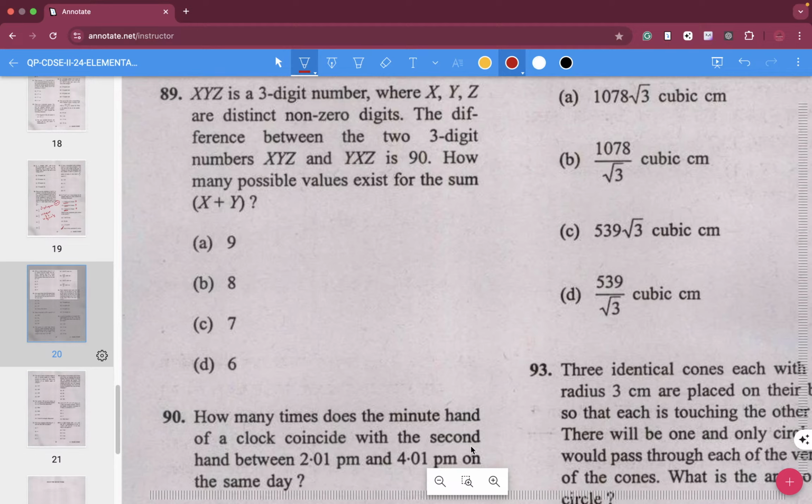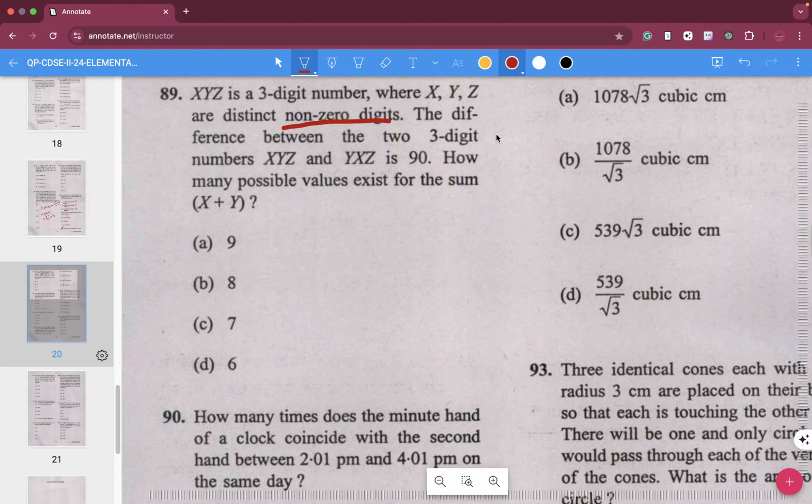So XYZ over here is a 3-digit number, wherein X, Y, Z are distinct non-zero digits.